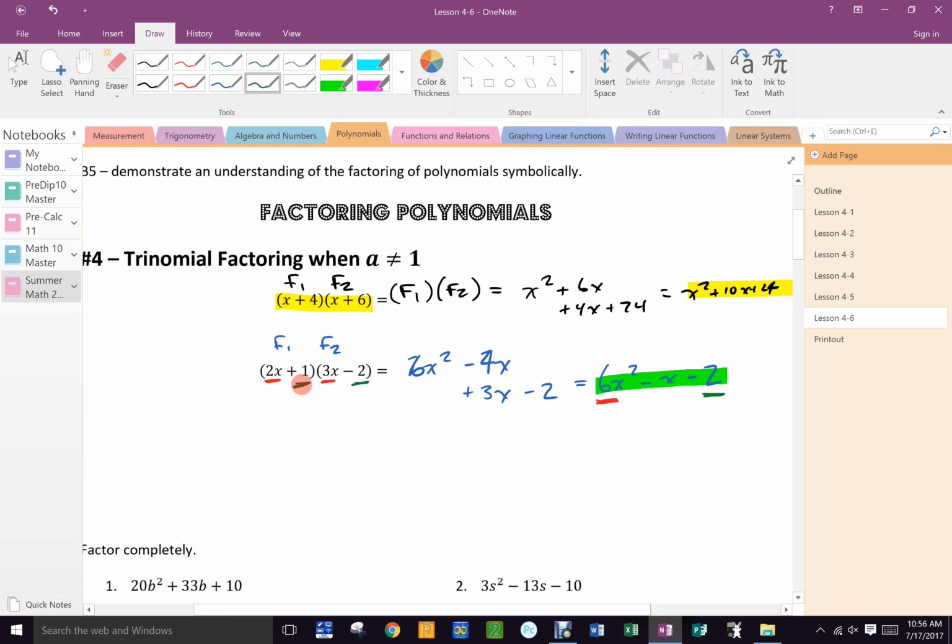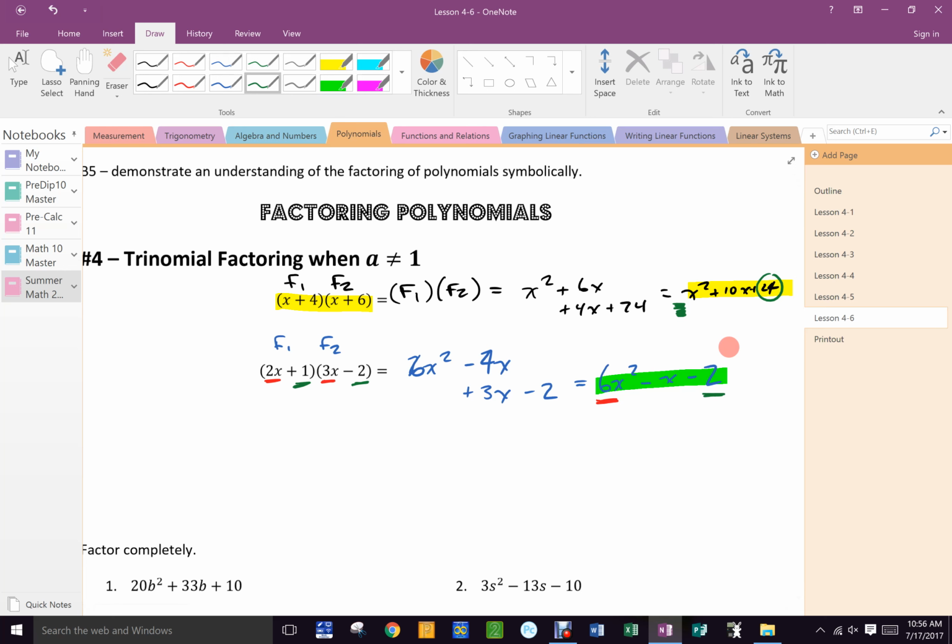What do you notice? 2 times 3 gets me 6, and 1 times 2 gets me 2. So in this easier version, when there's no number out front, I only need to worry about the factors of the last guy, right? But here, when I have a number out in front, I have to worry about 2 sets of factors, don't I?